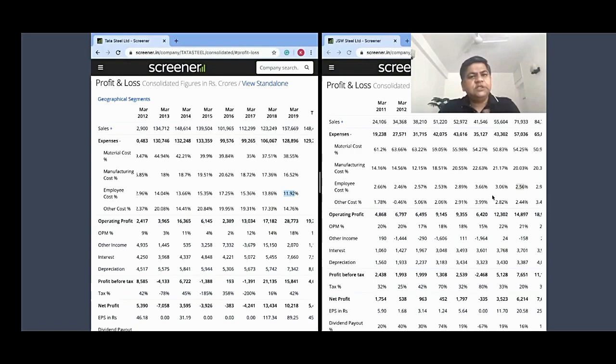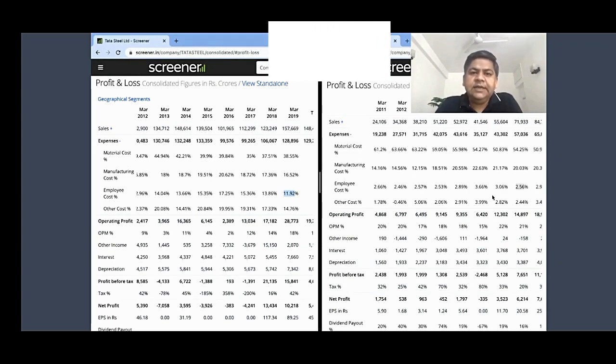So numbers will speak in favor of the share price. You need to go and learn in detail. If you are finding confusion, try to clear out those confusions. Numbers will not lie. P&L numbers will not lie unless and until they are fabricated.